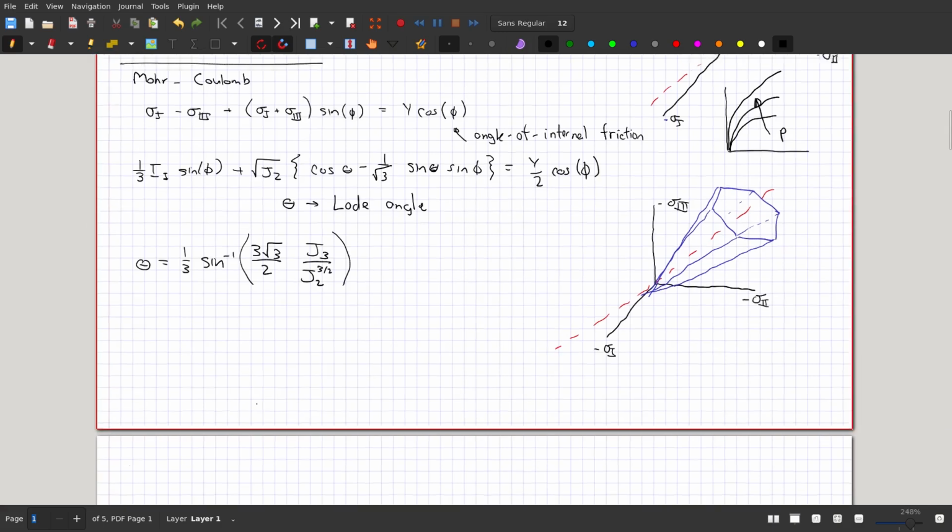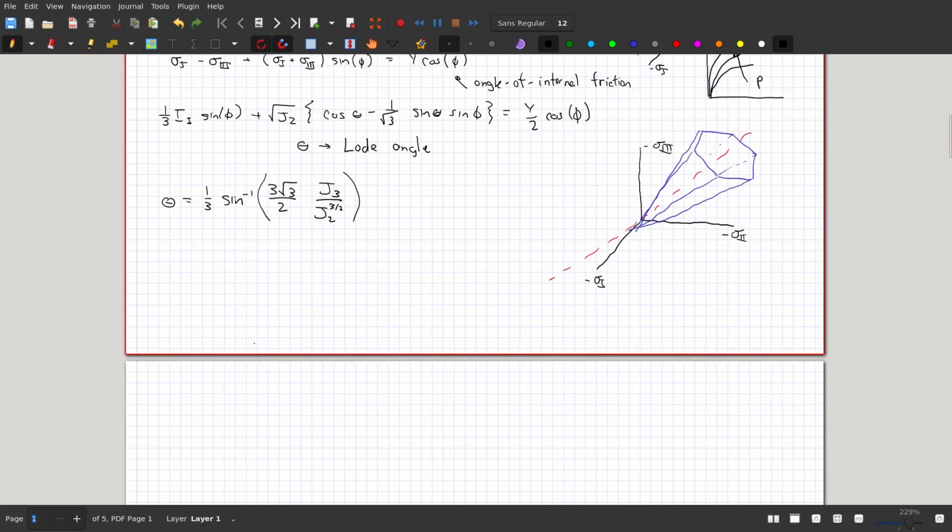I could draw it over here, but I think I'll just start another drawing. So if we look at this again, so minus sigma 1, sigma 2.